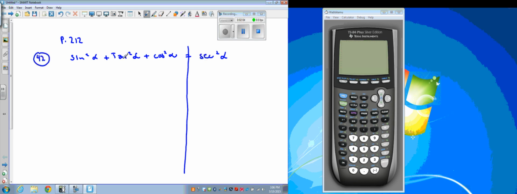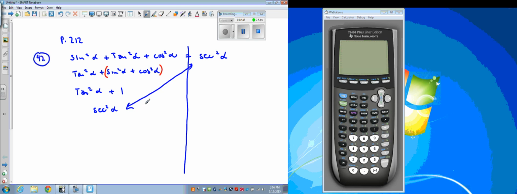Do you see that if you rearrange this, sine squared plus cosine squared, and then join these two together, you have tangent squared alpha plus 1, and the identity there is that this is secant squared alpha. Now we've shown that this and this are identical. So they're identities.